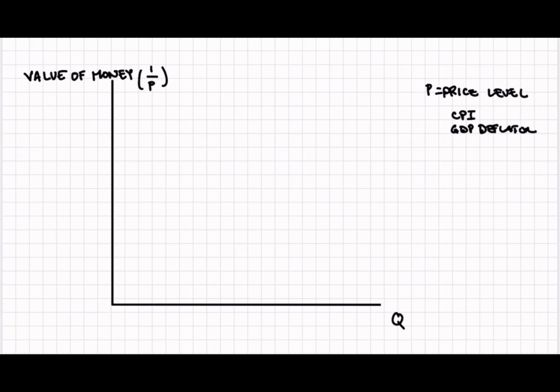Now, sometimes that's not very intuitive for us, so I'm going to graph out here on the other y-axis just the exact opposite of this, and I'm going to call this the price level, which is going to be just P. So, for example, if we have here the value 1, then over here is going to be also 1.